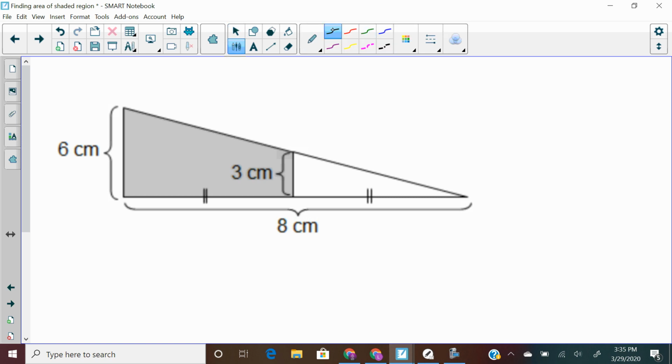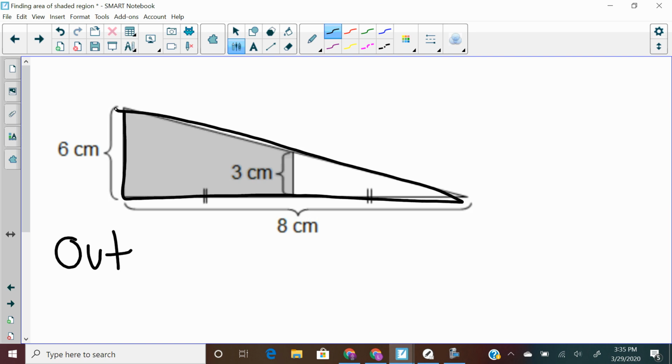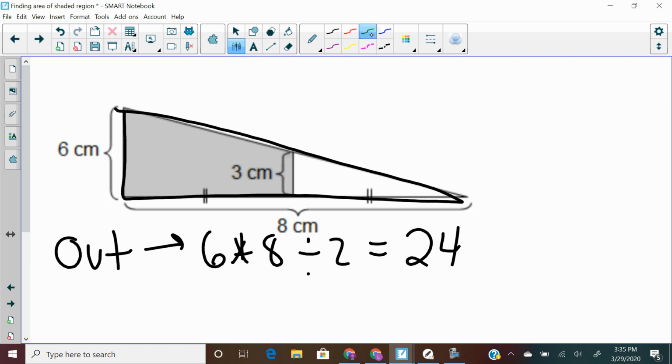In order to do this, I'm going to find the outside area, which is all the way around the triangle. Area of a triangle is base times height divided by 2. So I'm going to do 6 times 8 divided by 2, which is 24. Then I'm going to do the little triangle, because that's the unshaded part. The little triangle shows me that this piece here is equal to this piece here.